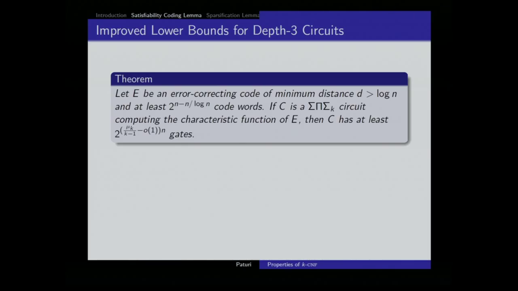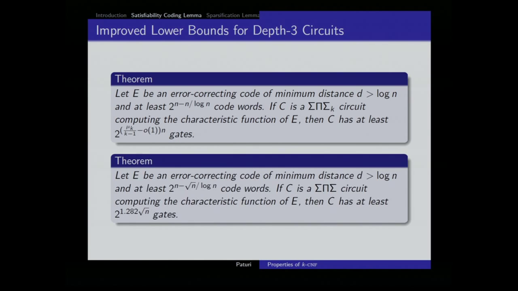So you take an error-correcting code where the solutions are guaranteed to be isolated, and the bottom fan-in is k. Such a k-CNF cannot accept more than so many solutions that are isolated from each other sufficiently well. And so we get a lower bound on the number of k-CNFs required, and that can be generalized to deal with arbitrary depth 3 circuits, and that will give us a lower bound of 2 to the 1.282 times square root.